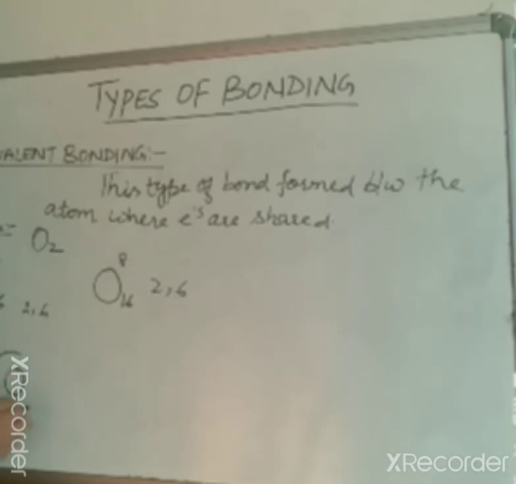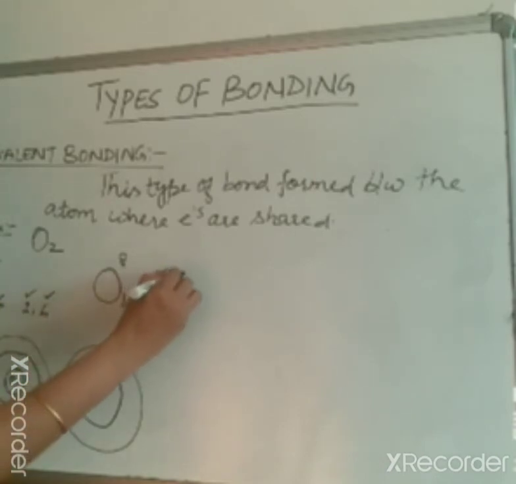If I draw energy levels and show the distribution of electrons, it is like this. It is oxygen 1, this is oxygen 2. So this is the first energy level. Here the number of electrons in second energy level. The same is here also.